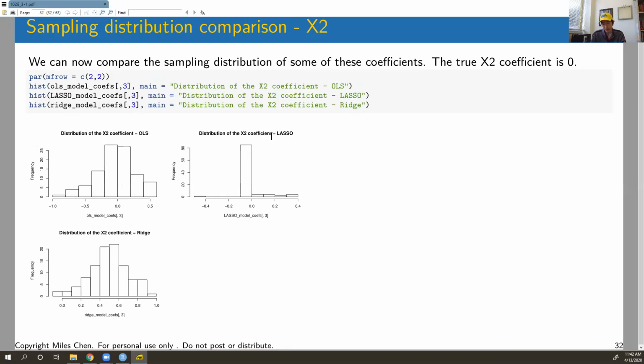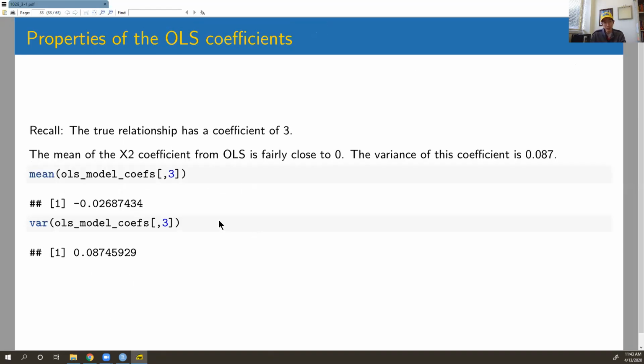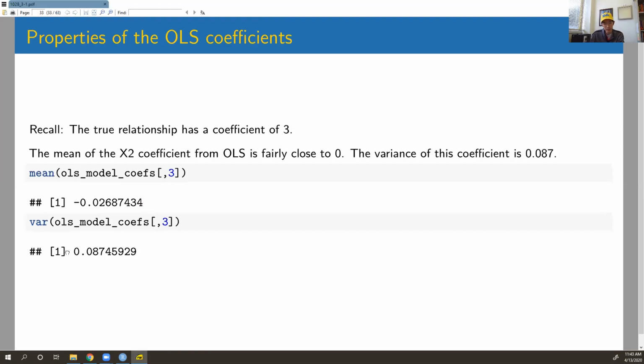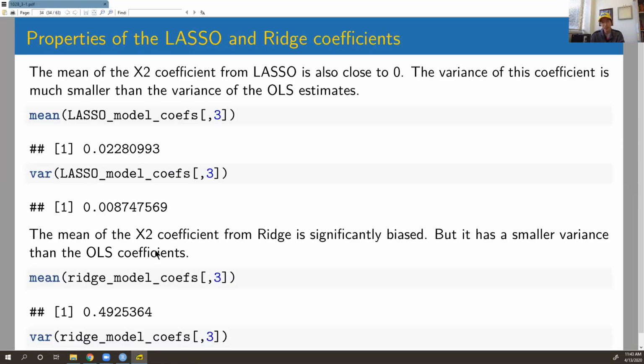And let me just show you the properties here. With ordinary least squares regression, the mean is fairly close to 0, and the variance is around 0.087. It's a fairly large variance for this coefficient.